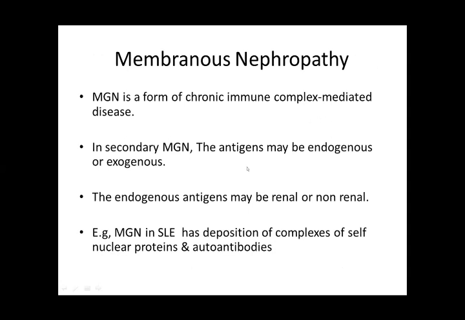In secondary disease, the antigens are endogenous or exogenous. The endogenous antigens may be renal or non-renal. For example, in SLE, there is deposition of complexes of self-nuclear proteins and autoantibodies.